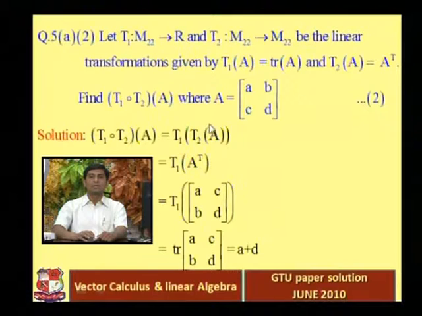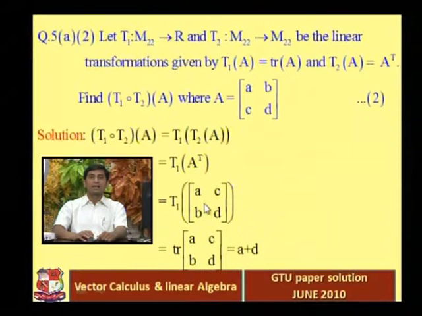So what is A transpose? A is [a b; c d]. For the transpose of A, you have to interchange rows and columns. The first row (a, b) becomes the first column, and the second row (c, d) becomes the second column.